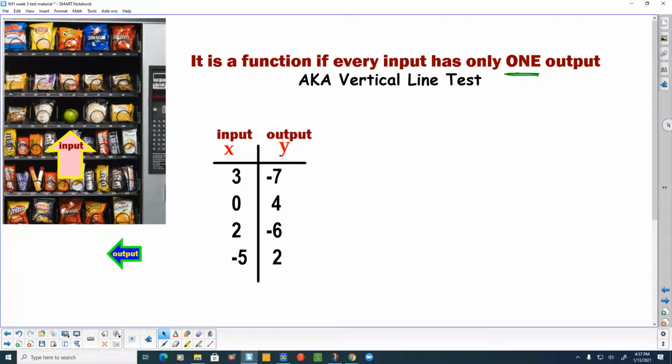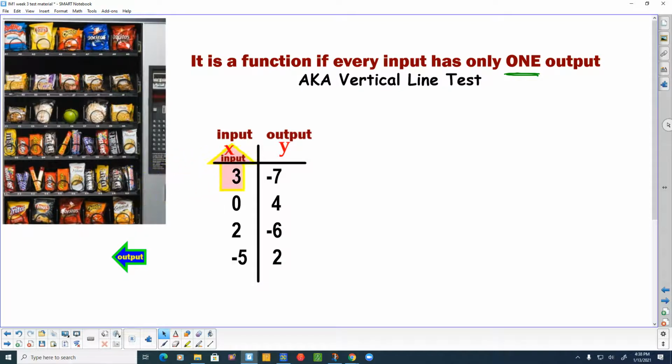The output is what comes out at the bottom, the apple. If I push this button, I expect a Hershey's bar to come out. The output will be Hershey bar. But I could also hit this button and also get a Hershey bar because there's 2 buttons for it. Just like the Kit Kats are here or here, I have 2 inputs with the same output.